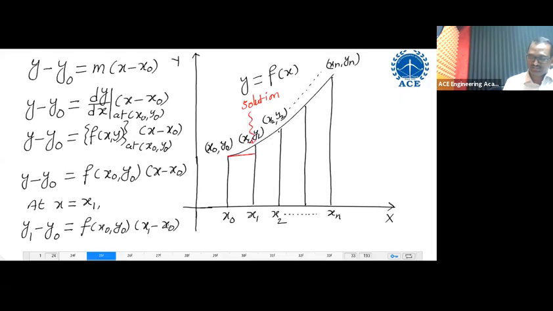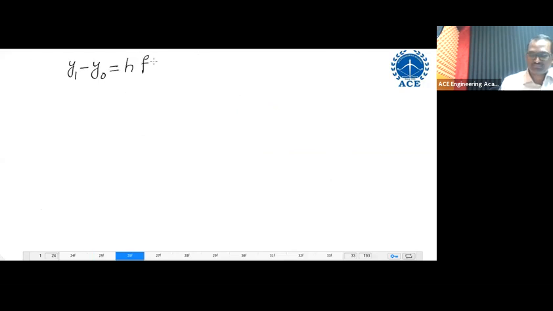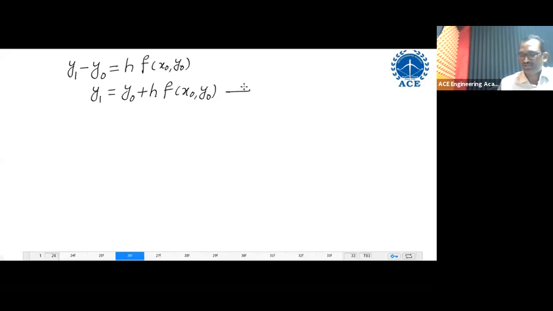So y1 minus y0 is equal to h into f of x0, y0. Take this y0 to the right: y1 equals y0 plus h into f of x0, y0. What is this? This is the first approximation.